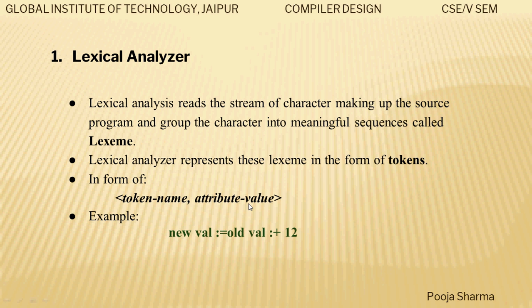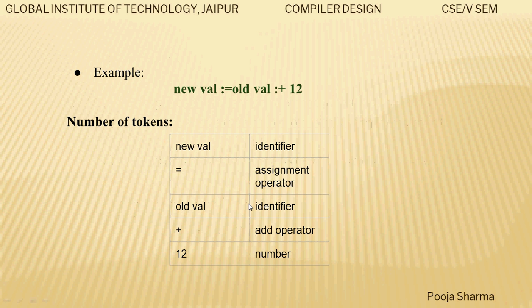So how are the tokens represented? newval is an identifier, equals is an assignment operator, oldval is also an identifier, plus is an add operator, and 12 is a number. So this statement is converted into tokens. The lexical analyzer truncates the statement and removes the errors.